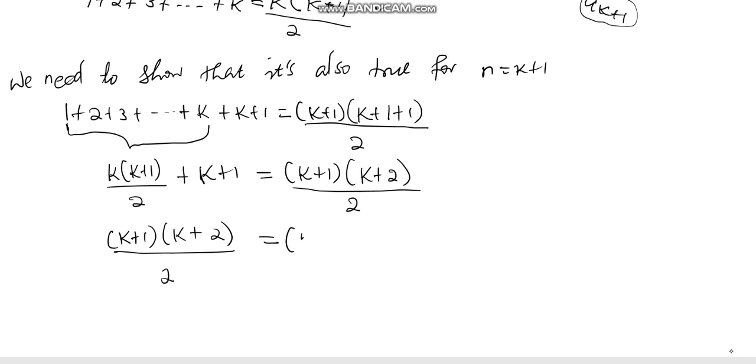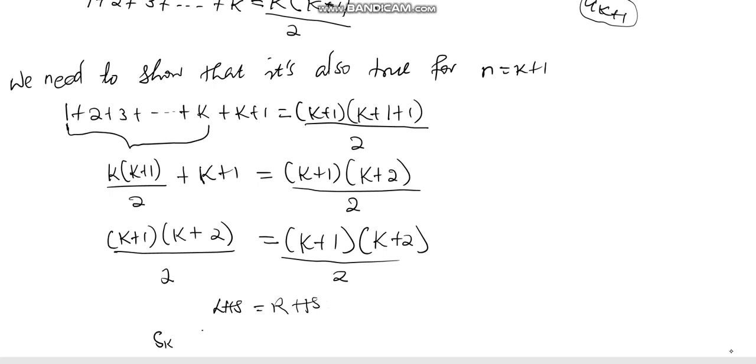This is equal to k plus 1 and k plus 2, divided by 2. So now the left hand side is equal to the right hand side. This shows that our sk plus the k plus 1th term is equal to sk plus 1.